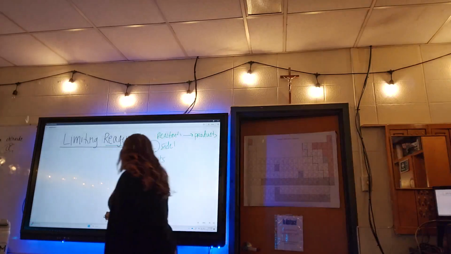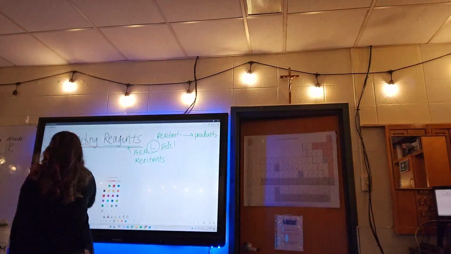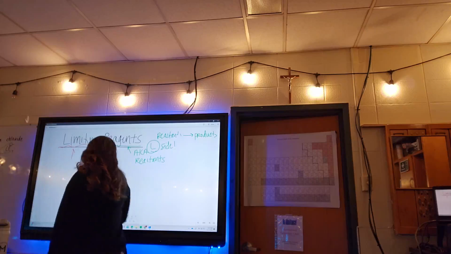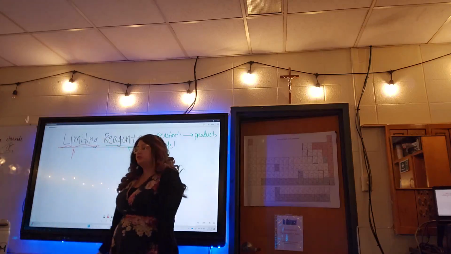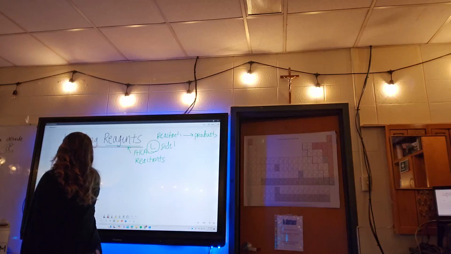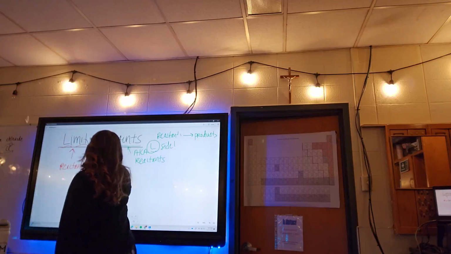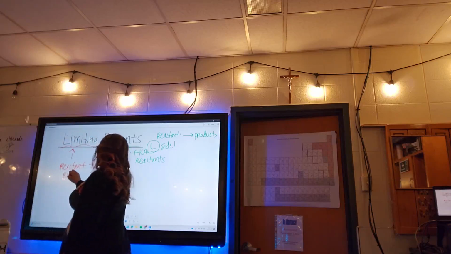Okay, so what does the word limiting mean? Limiting means that it is what limits the amount of production of product. So in other words, the limiting reagent is the substance that runs out first. So it's your reactant or starting ingredient that runs out first.